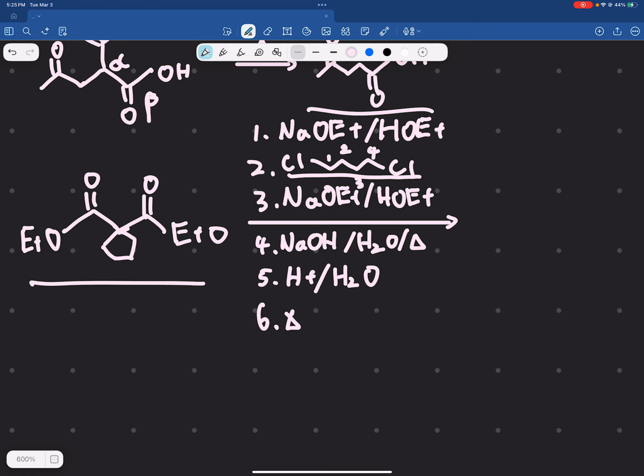Step 4 is going to be hydrolysis. So these ethers are both going to be hydrolyzed into OH groups. And technically it should look like this.